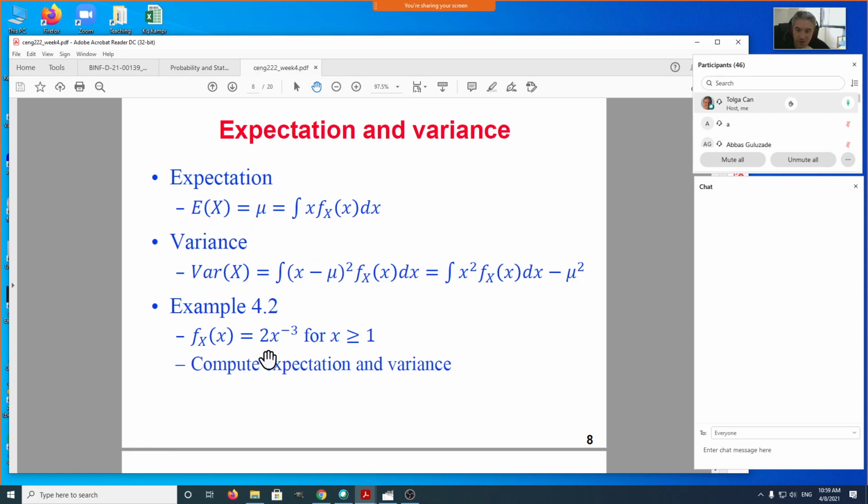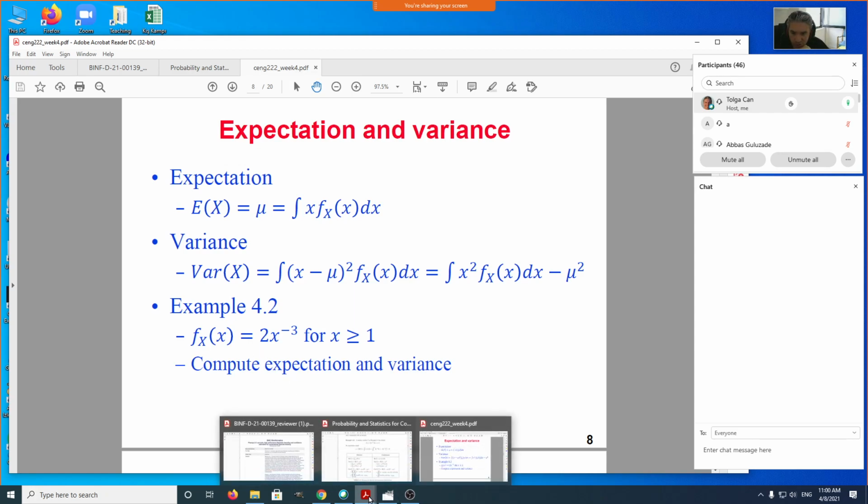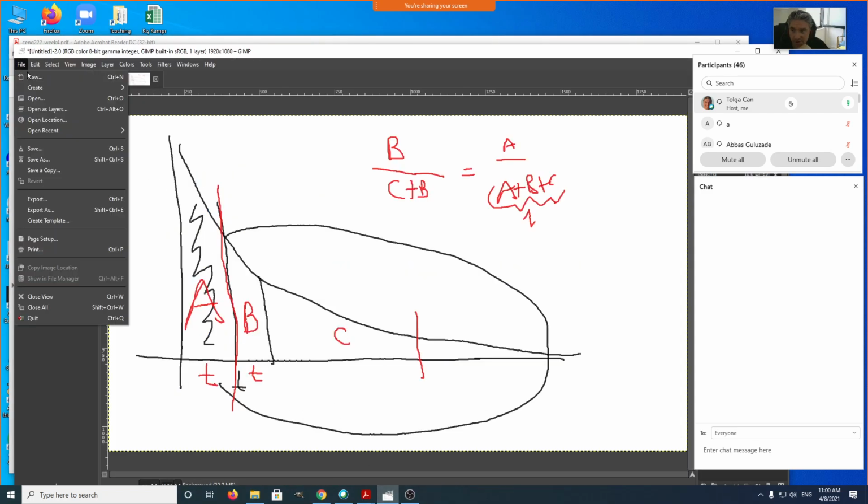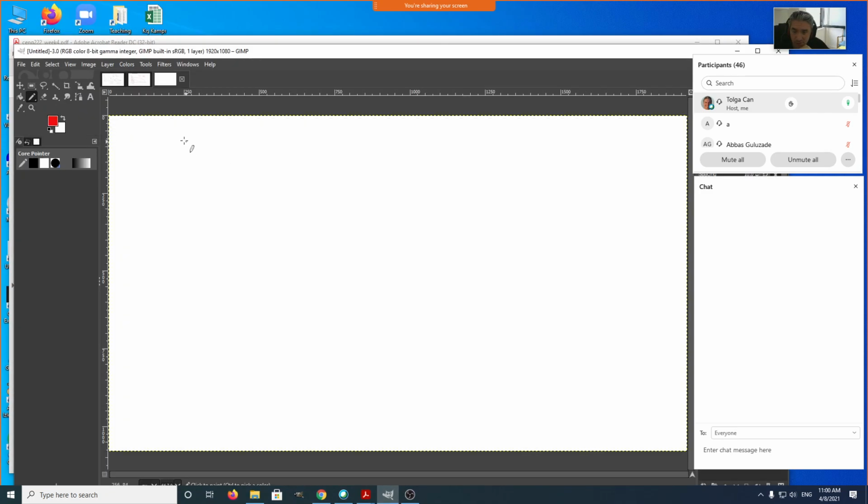Compute the expectation and variance. If this is the PDF for x greater than or equal to 1, let's try to do that. For example, f(x) equal to 2 times x to the power minus 3. What is the expected value?